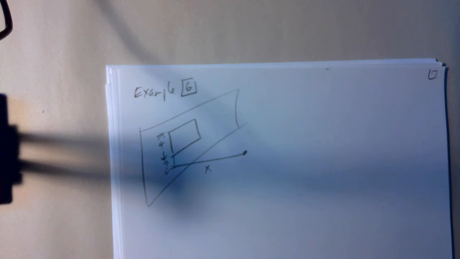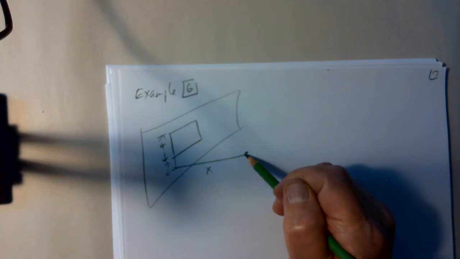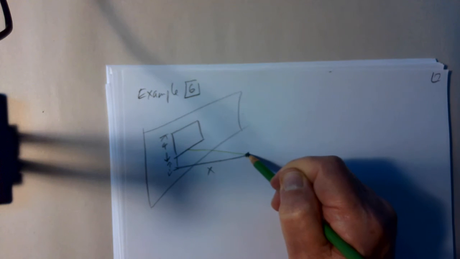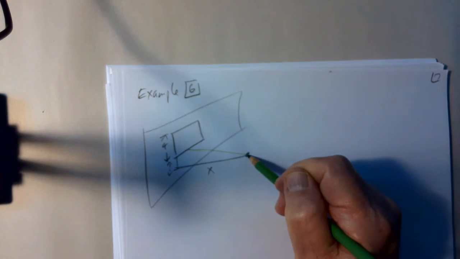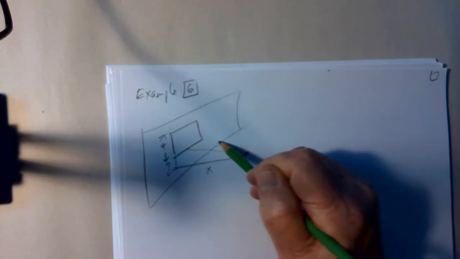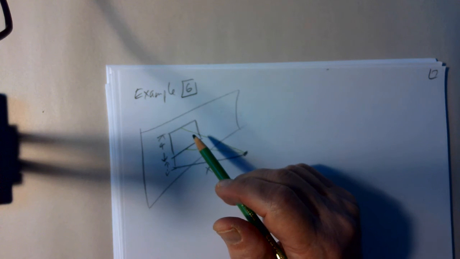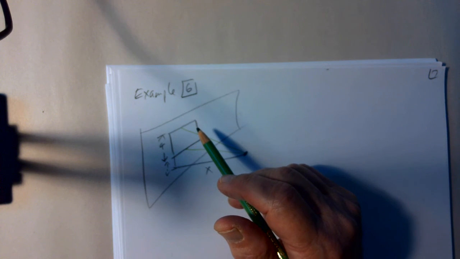And so if this is the camera, here is the line of sight from the camera lens to the bottom of the painting. And this is the line of sight from the camera to the top of the painting.